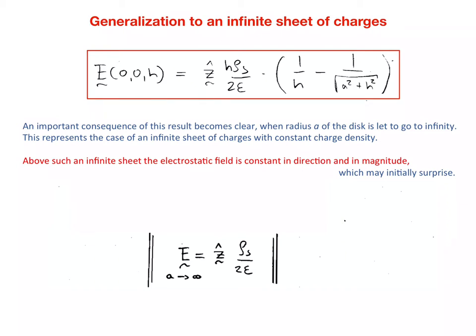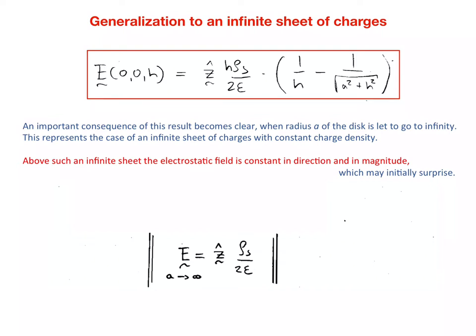When the radius little a of the disk is let to go to infinity, the disk becomes an infinitely large sheet of charges. The term in brackets tends to 1 on h, and the electric field of an infinitely large sheet of charges at constant charge density rho s is given by the limit rho s divided by 2 epsilon, always pointing in the z direction.